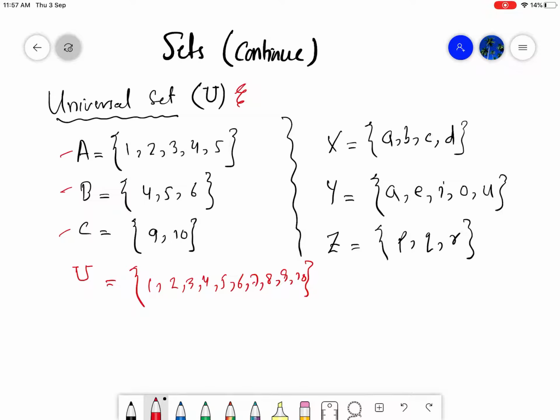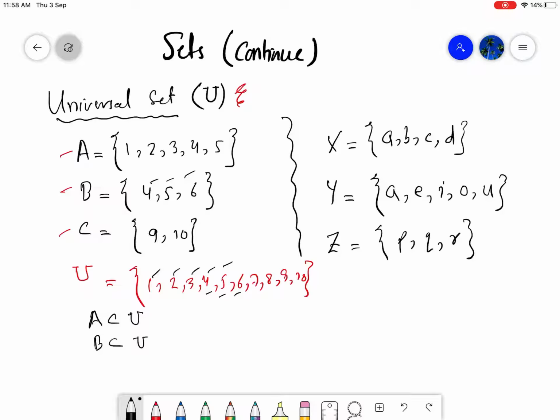So you can use either of the two symbols, capital U or this symbol epsilon, to describe a universal set. Now you can see that all the elements of set A, which are 1, 2, 3, 4, 5, are here. So set A is a subset of the universal set. Elements of set B, 4, 5, 6, you can see they also exist in the universal set.